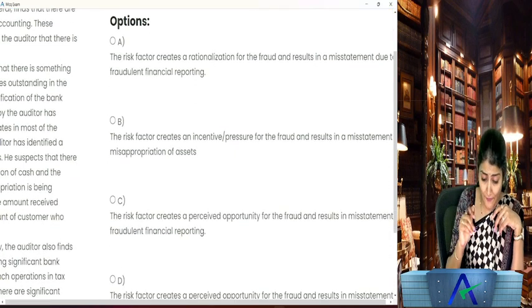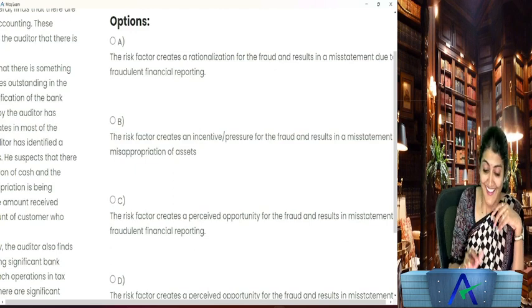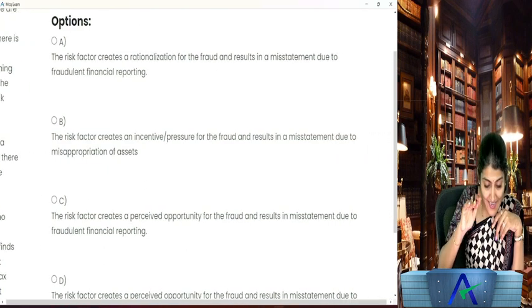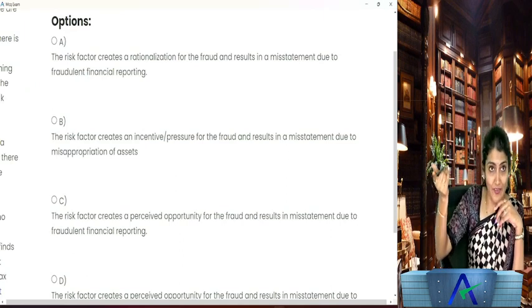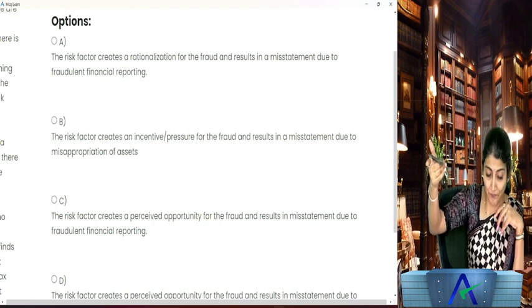Now you are saying 5, but the 5 option also has to be there in these 4 options. No? Okay, right, so what does it say? Rationalization due to FFR. Check whether it is in their list of 3.